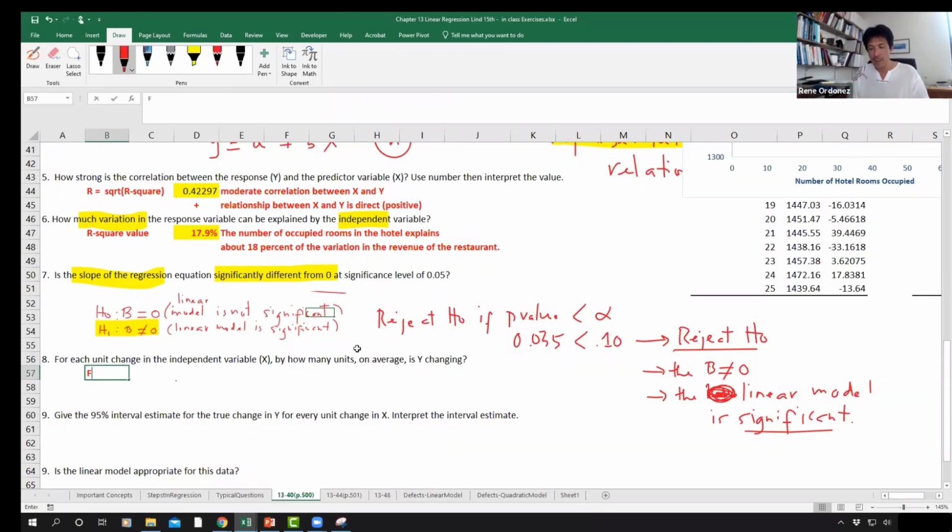For every additional room in the hotel that is occupied, by how much is the daily revenue of the restaurant changing, on average?